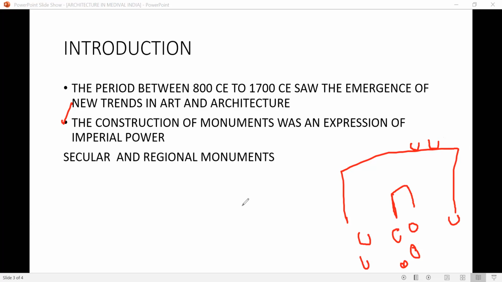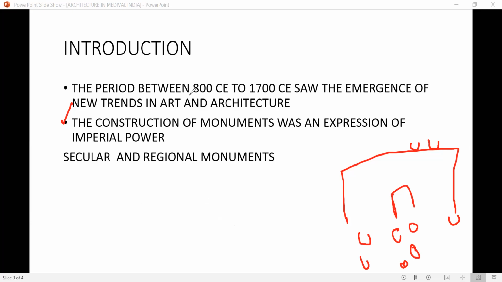If we take the Taj Mahal, Shah Jahan built it because he wanted to impress his wife. But let's keep that aside and discuss what happened at that time. He used up very much money to build the Taj Mahal, and he was actually trying to build two Taj Mahals.